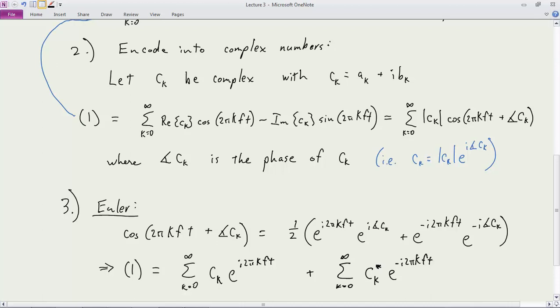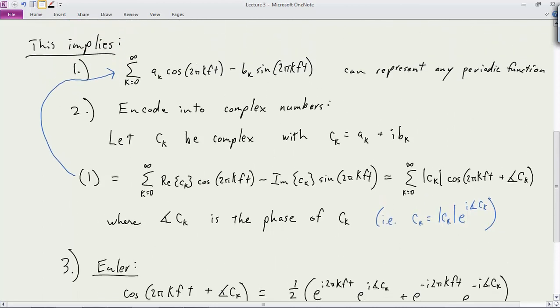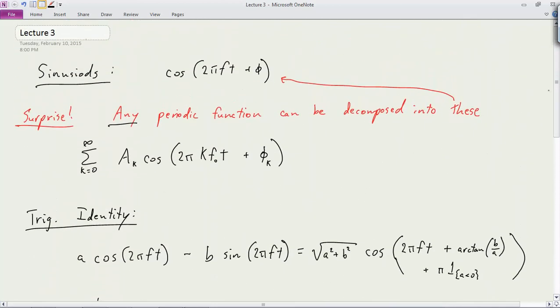Okay. Now I have to be even more clear of what I mean by any signal. Let me go up here and add a qualifier to any. Any real signal of real numbers. Right, we're not going to be able to make complex signals with this formula here.